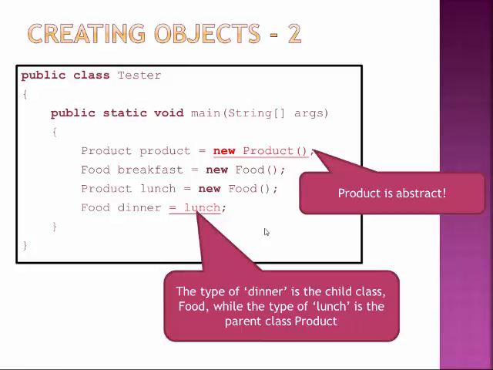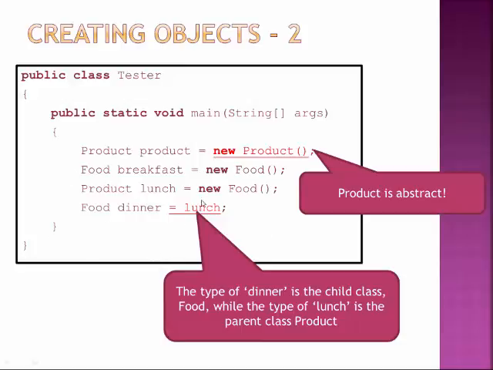The last line of code doesn't work because dinner is looking for explicitly food. Product lunch, even though I assigned it lunch last time, something could have happened along the way. Or I could change my code. Product could point to a puppy. I don't want to eat my puppy for dinner. I could point to a 2x4. Certainly don't want to eat a 2x4 for dinner.